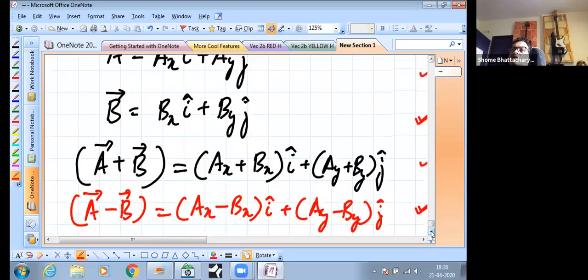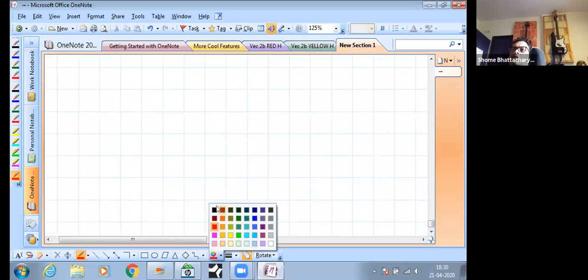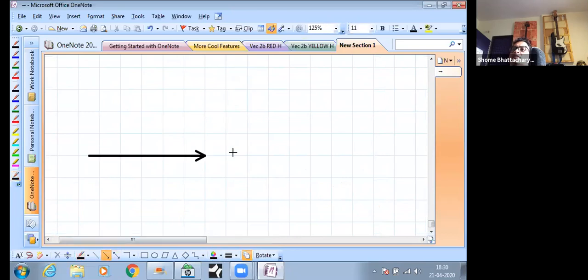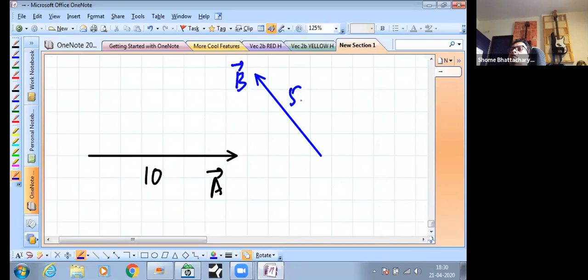So for example, suppose what we are given is in geometrical form. Vector A is like this, and its magnitude is, let us say, 10, and vector B is like this, and its magnitude is 5 root 2.